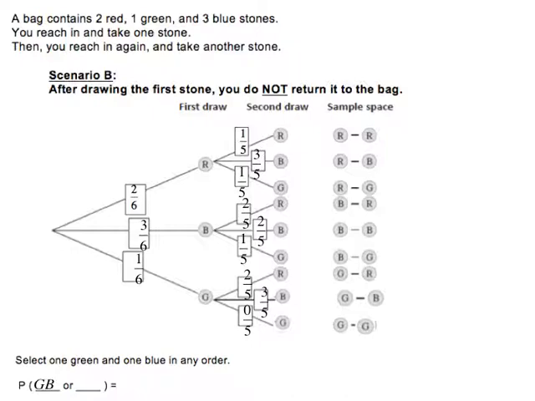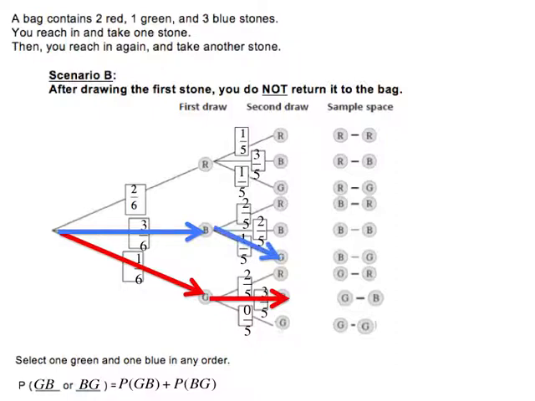All right, on the bottom, we're looking for selecting 1 green and 1 blue in any order. So that means green blue or blue green. So we're going to look for those 2 paths. Green blue path plus the blue green path. So here's the green blue path in red, and in blue we have the blue green path.